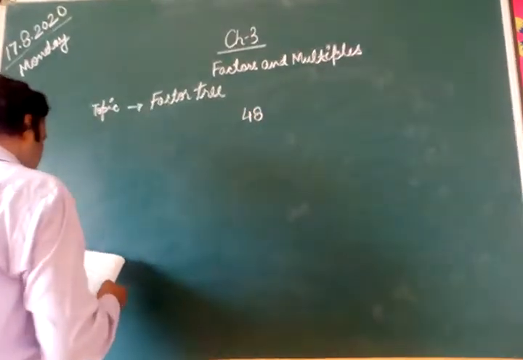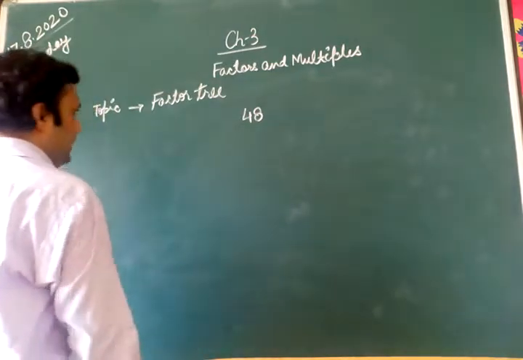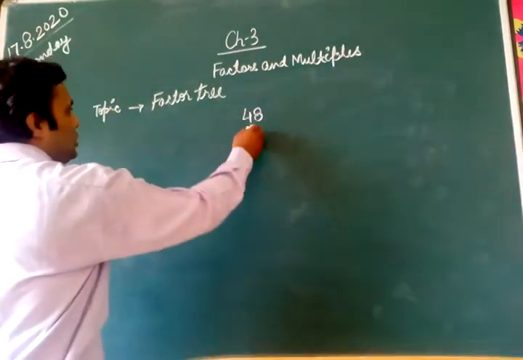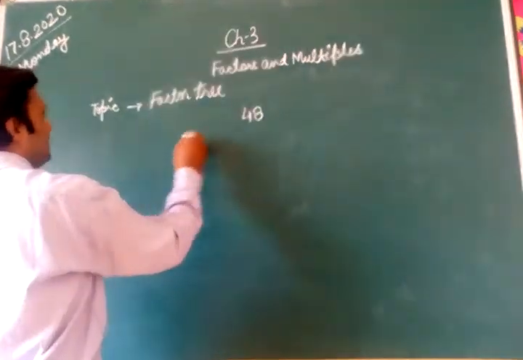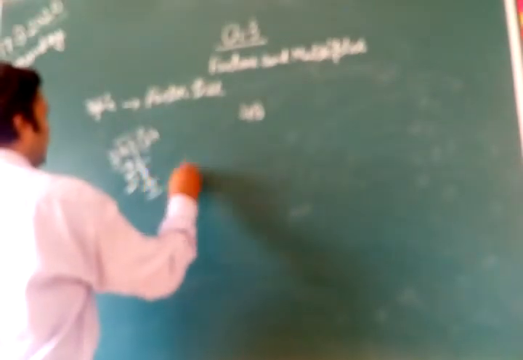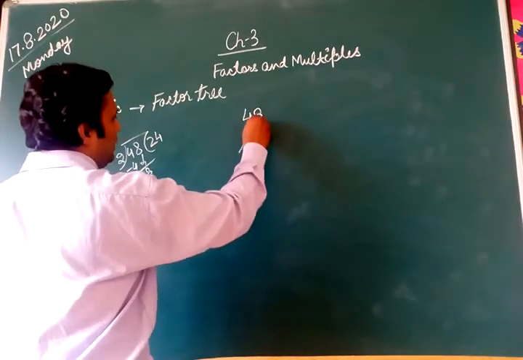We have to find the prime factors of 48. How can you find them? If you divide 48 by 2, we get 24.